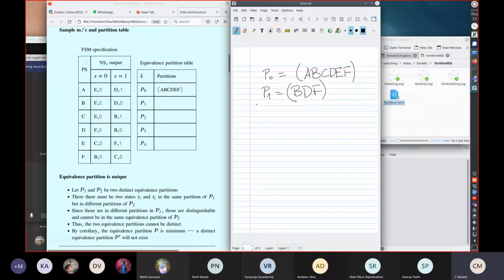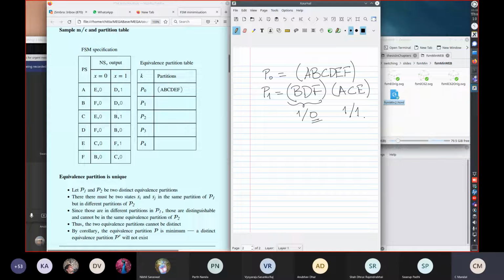So these have output 0 on input 1, all right, and the remaining ones, say A, C, and E, on input 1 these have output 1.